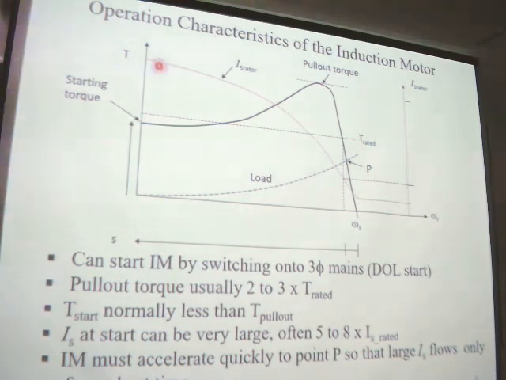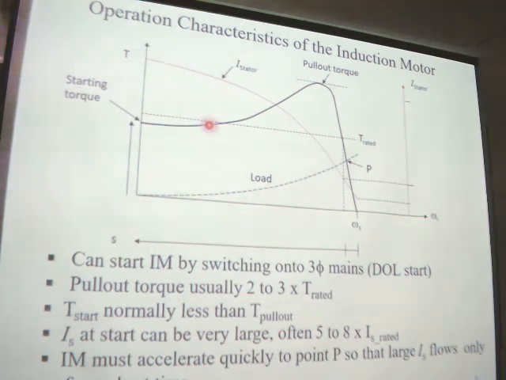Maybe another curve between them, if the starting torque is fixed. It can change, especially for a wound rotor. We use a series resistance, so we can adjust the starting torque.